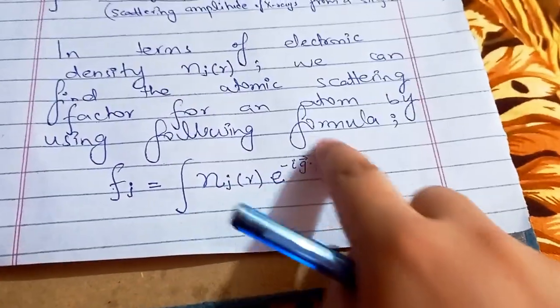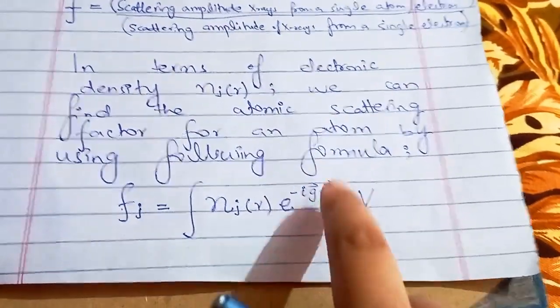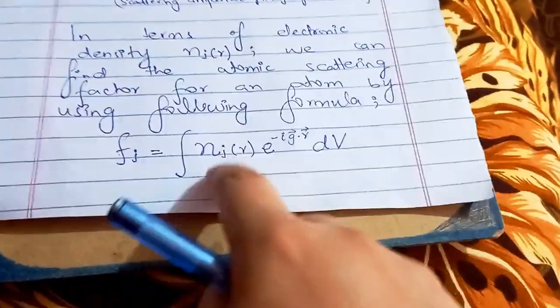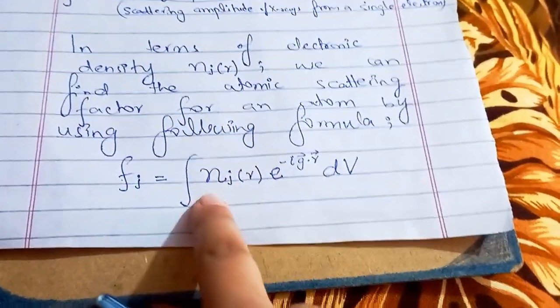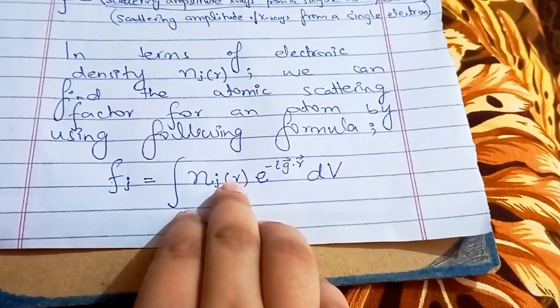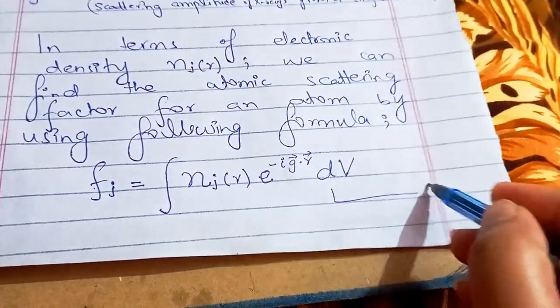And this factor takes into account this feature of interaction. This is the position factor in this integral, while this is the electronic density. As we can see, the electron density is different at different positions. That is why it is a function of r. All right, I hope you understood this main formula.